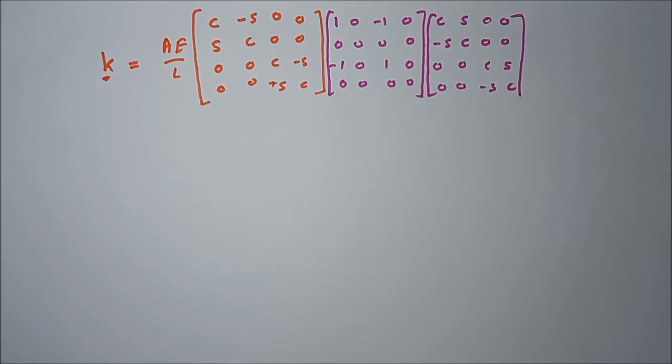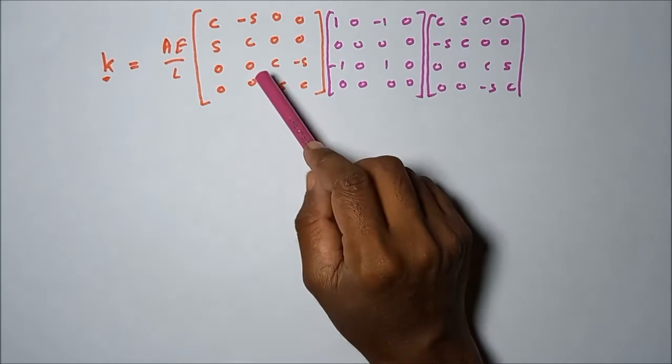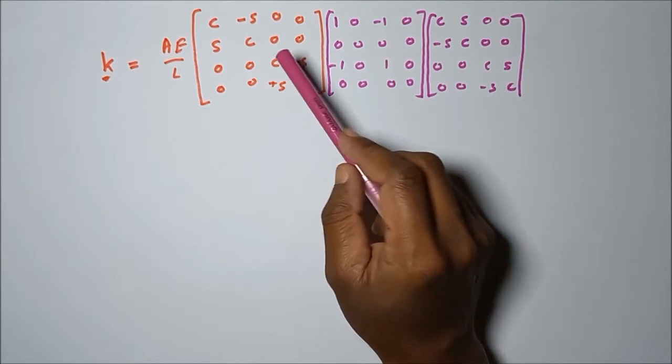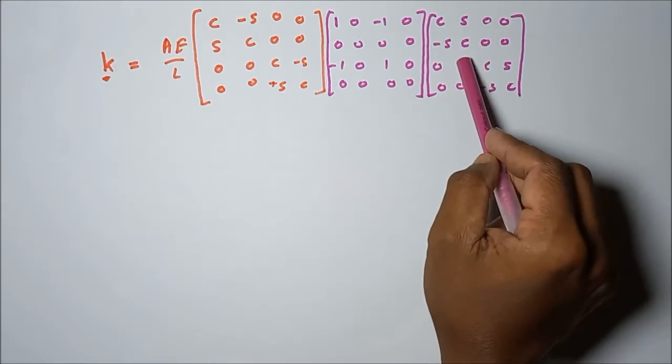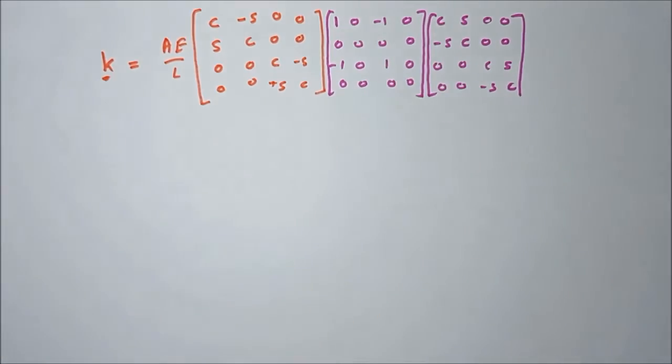So I am going to multiply these matrices. First we multiply these two, then the resulting matrix we multiply with this one.